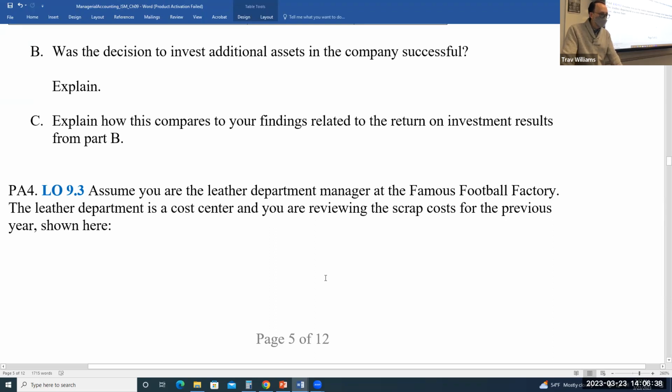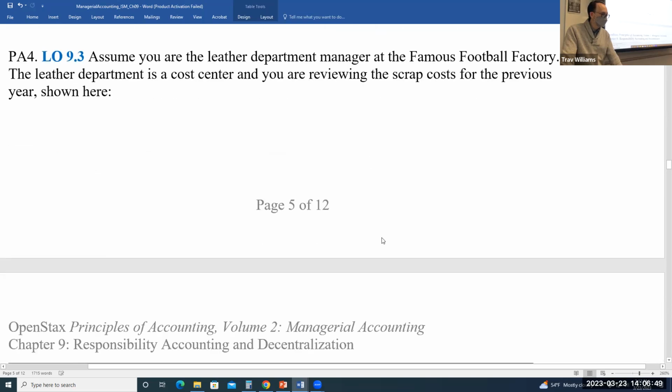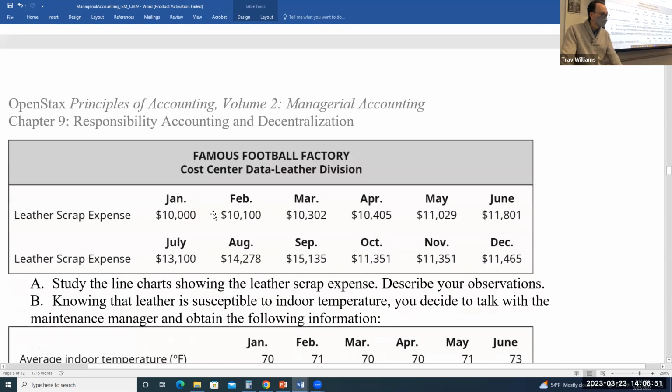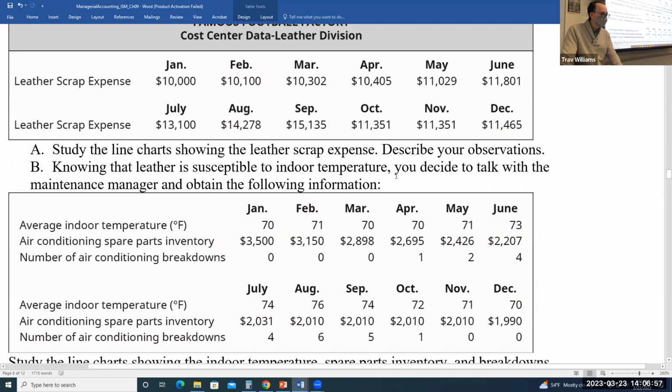So we manage a football factory, and the leather department is a cost center. We're reviewing the scrap costs, and this is what we see. Again, it's just a whole bunch of data points, so it's kind of hard to really analyze, but we can see that we reached our highest scrap costs in the summertime, right?